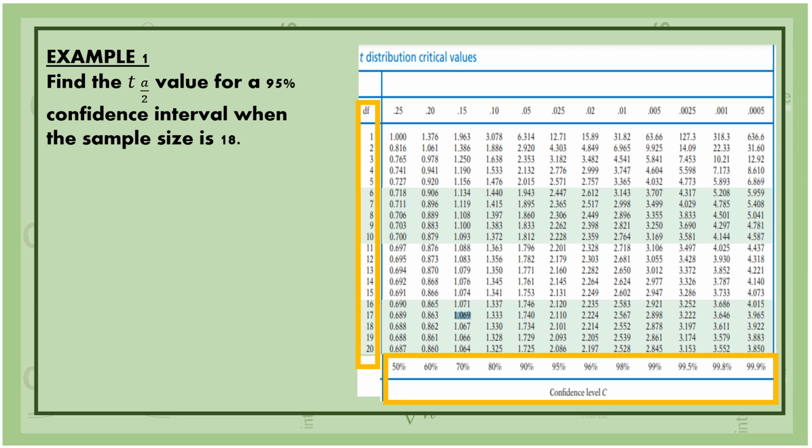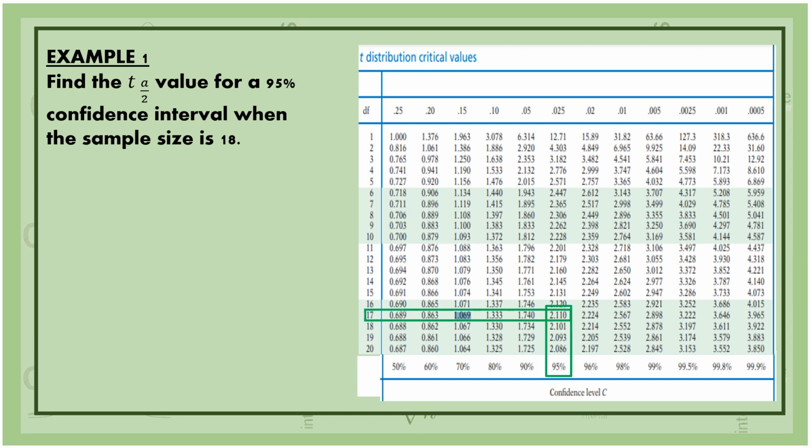Second step, locate 17 on the first column and 95% on the last row. And third step, locate the value that is aligned to both the degrees of freedom and confidence level. Therefore, the critical value for a 95% confidence interval when the sample size is 18 is 2.110.